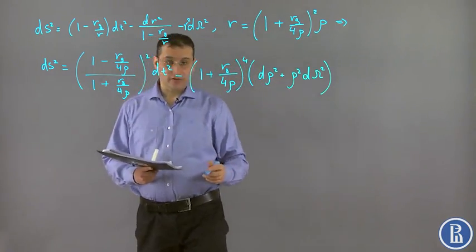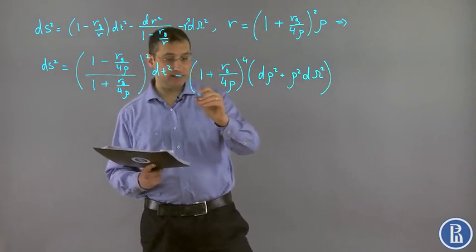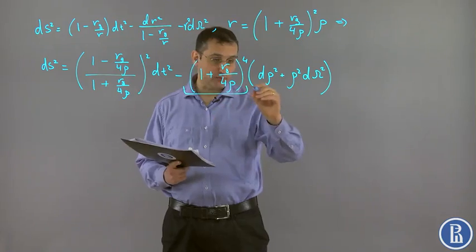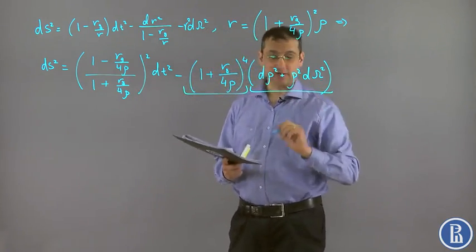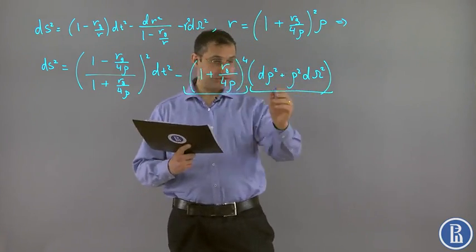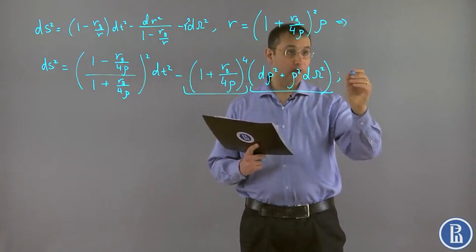Okay, so why did we make this transformation? Because the obtained metric, up to this conformal factor, is flat. The spatial part of it is flat. So we can make the following coordinate transformation.